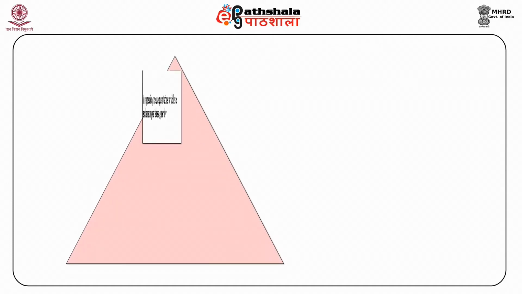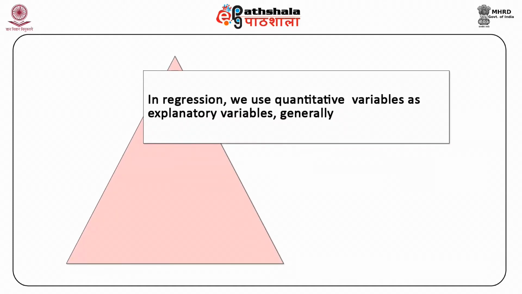Generally, in regression analysis, we use quantitative variables as explanatory variables. A very commonly quoted example may be income as a function of consumption and savings, where both consumption and savings can be expressed in quantitative terms. But there may be cases where the dependent variable has significant influence of a qualitative variable.